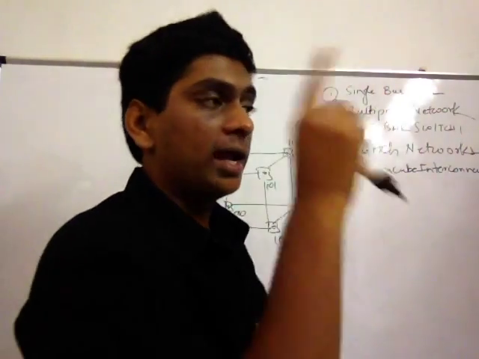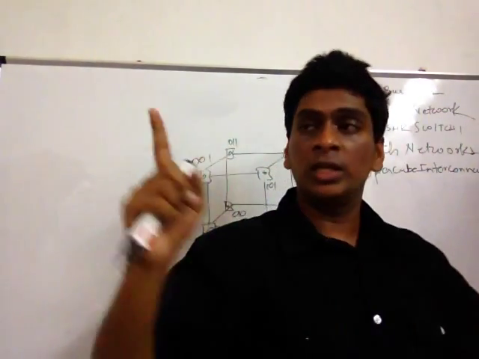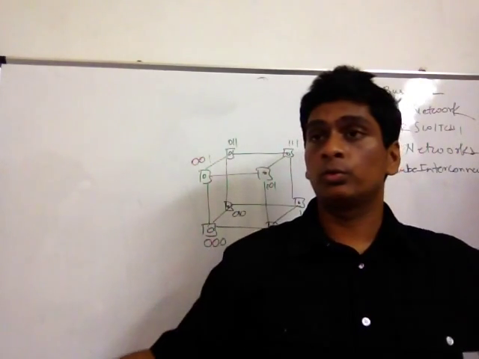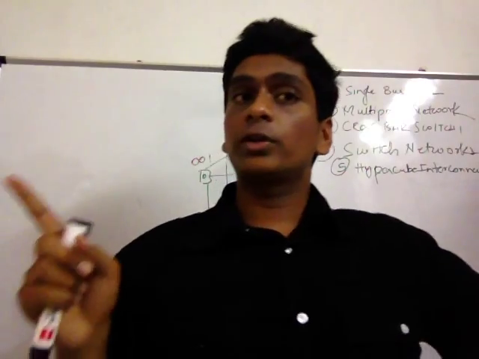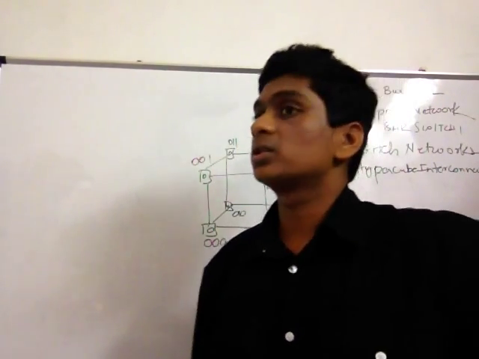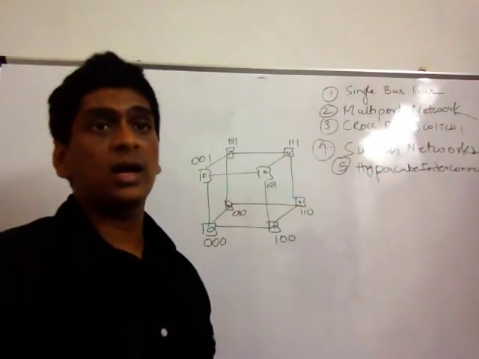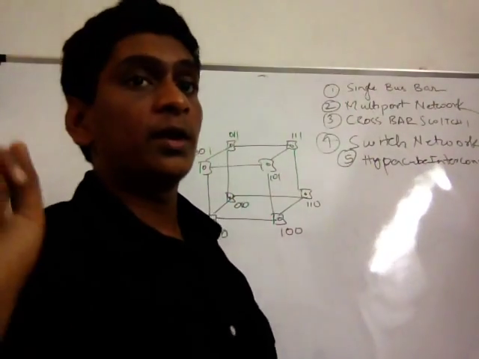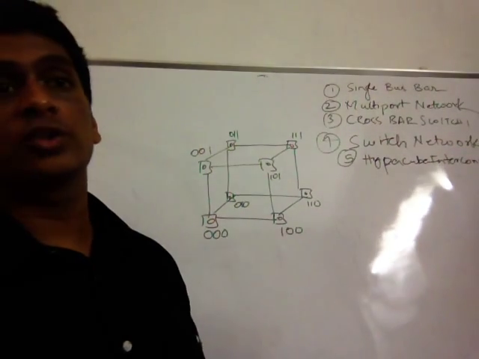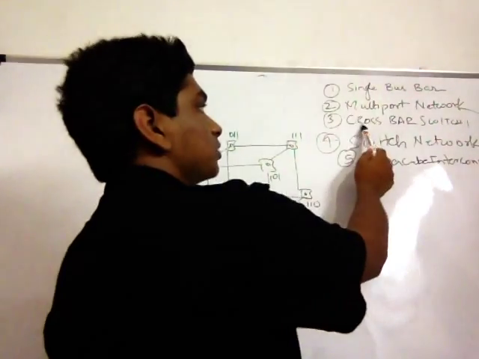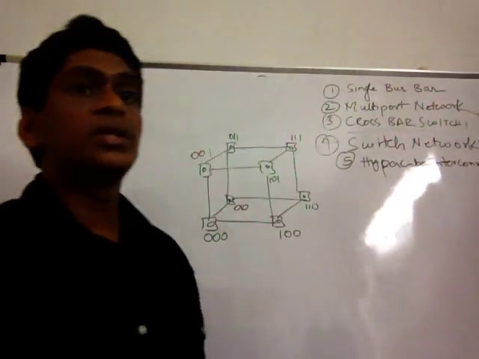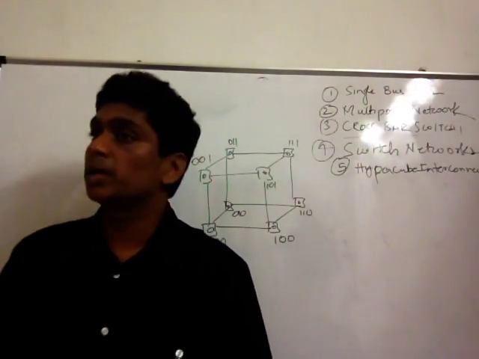Multiport network. Every processor is connected to each and every memory module. But though it is efficient, you cannot employ it because the connection is complex, and also it makes your device very, very expensive. And next comes crossbar switch, which is an improvisation of multiport networks.